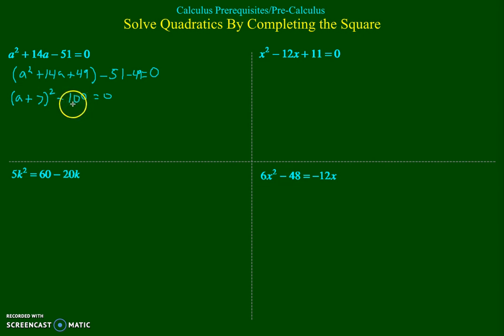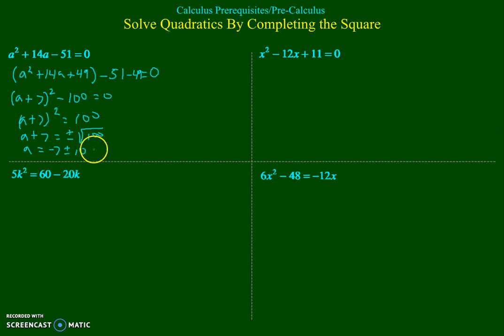Now, what we can do is to solve this equation, we just solve for a. And we solve this just like any other algebraic equation. So we have a plus 7 squared equals 100. Then a plus 7 equals plus or minus the square root of 100, which gives us, and we're going to subtract the 7, a equals -7 plus or minus 10.